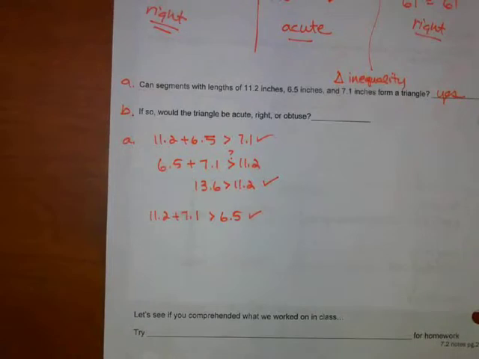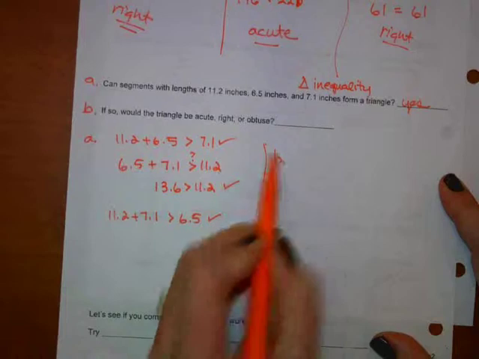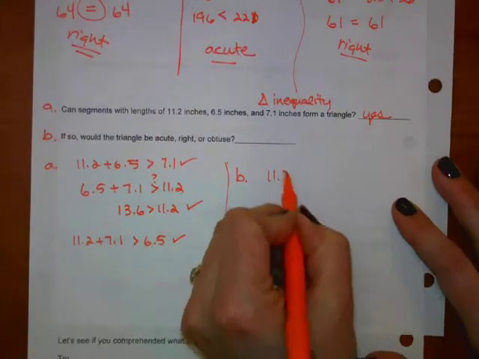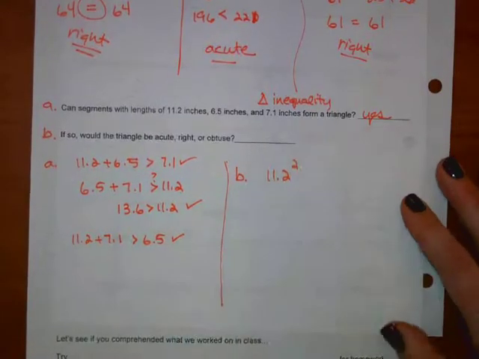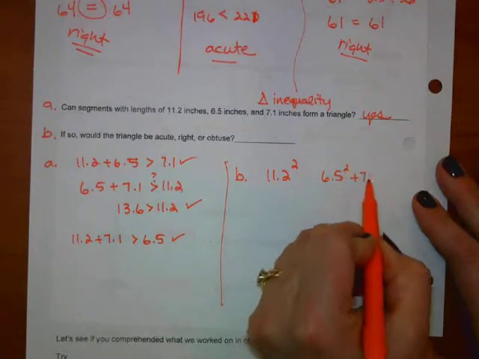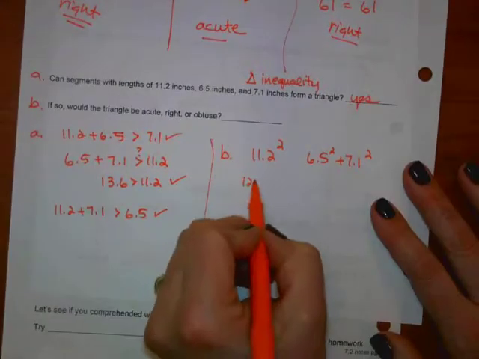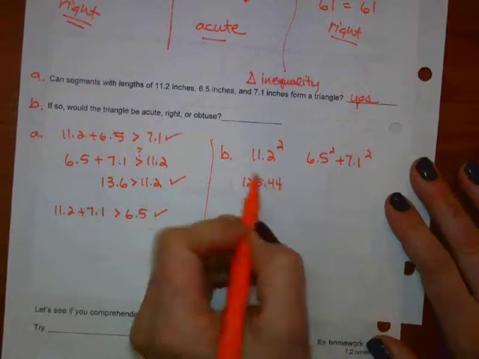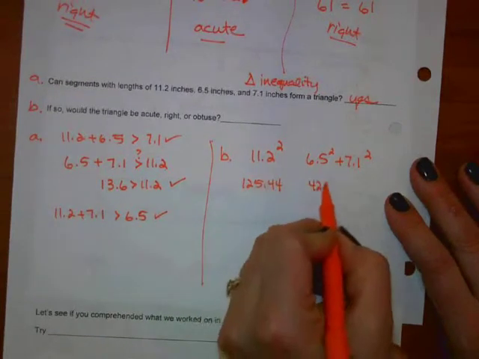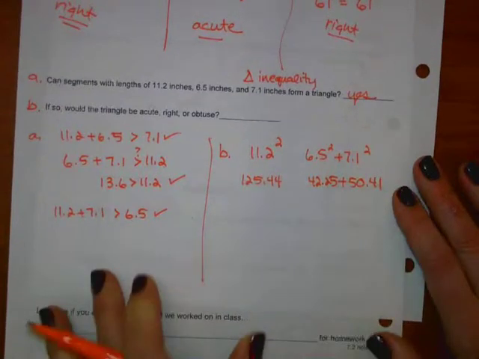And then we determine which way, what it is. So for part B, I'm going to say now 11.2 squared, and then I'm going to do 6.5 squared plus 7.1 squared. This is 125.44 and 42.25 plus 50.41.